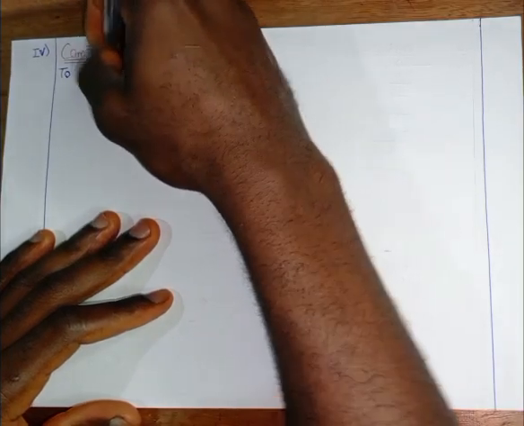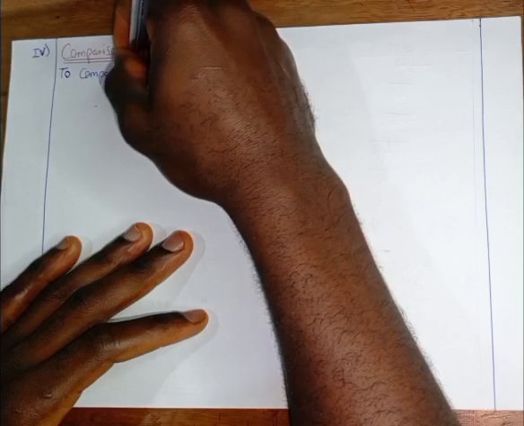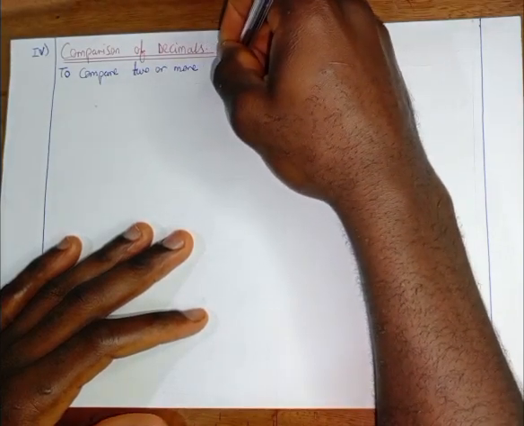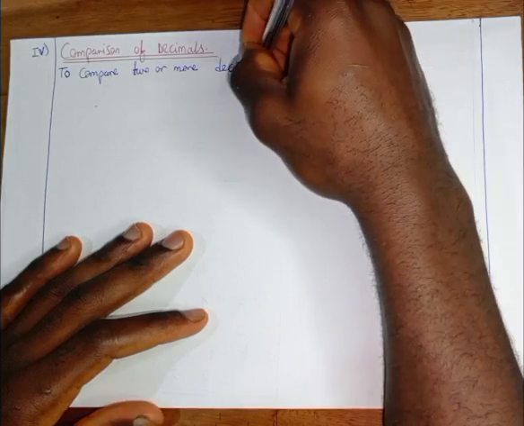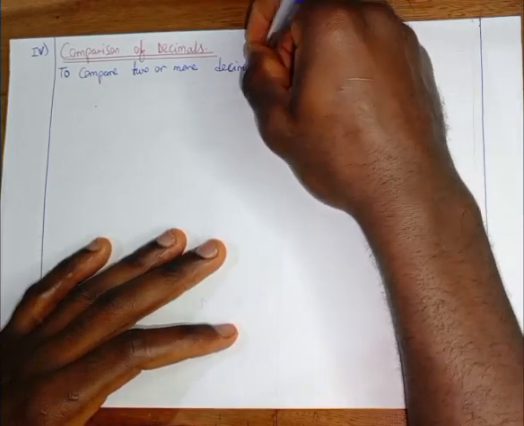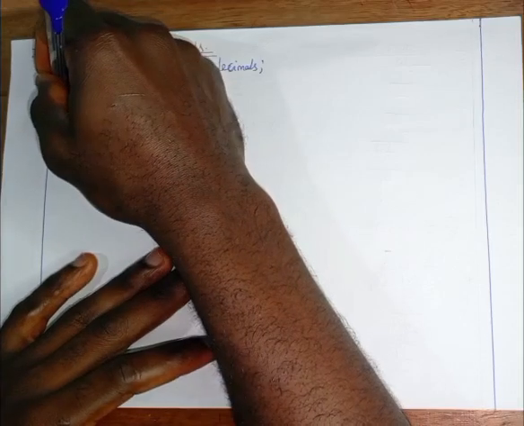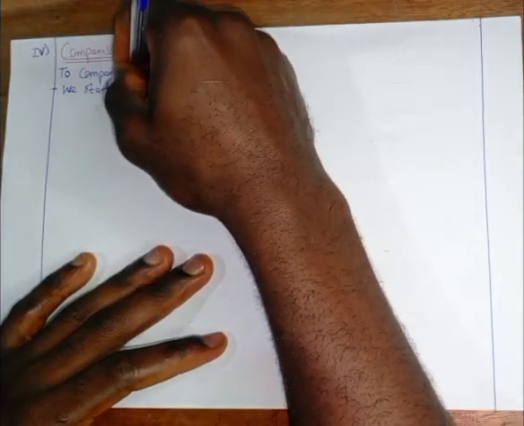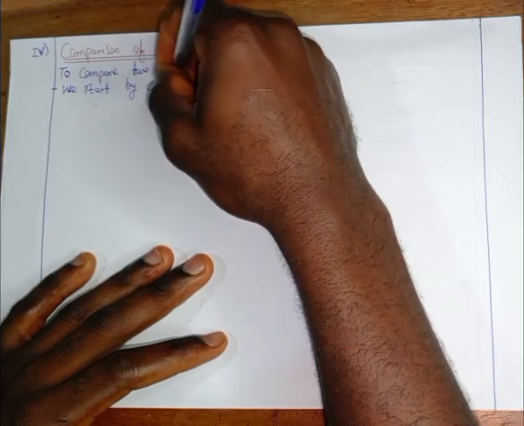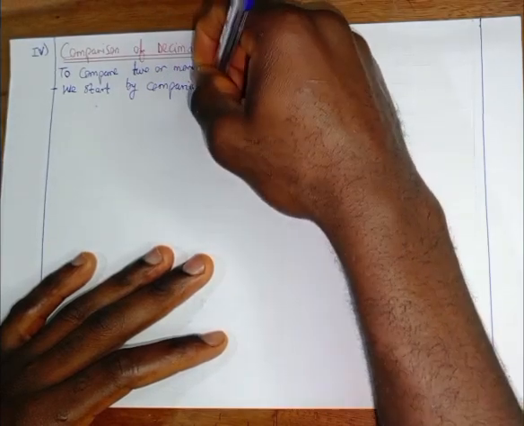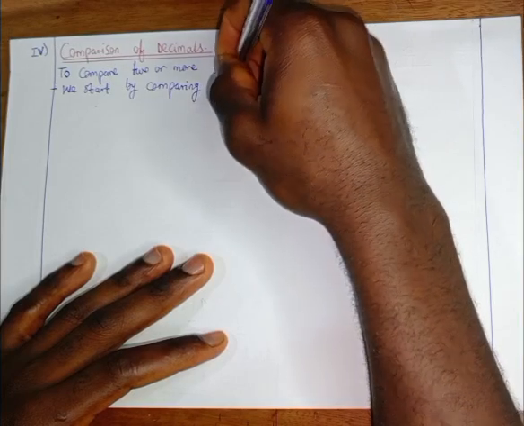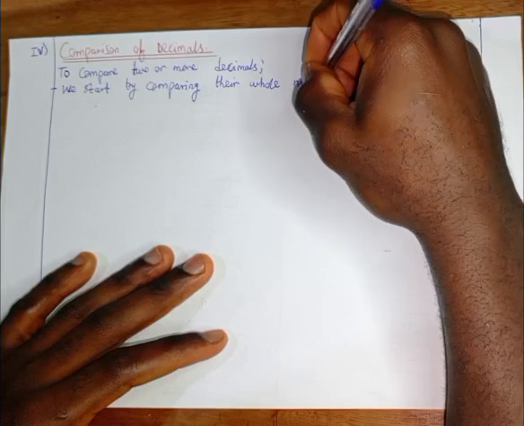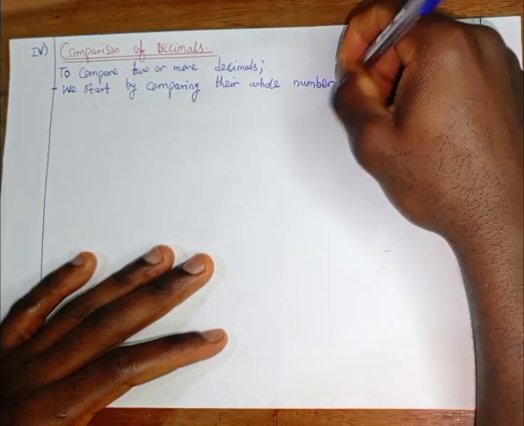To compare 2 or more decimals. The first hyphen by the margin, we start by comparing their whole number parts.